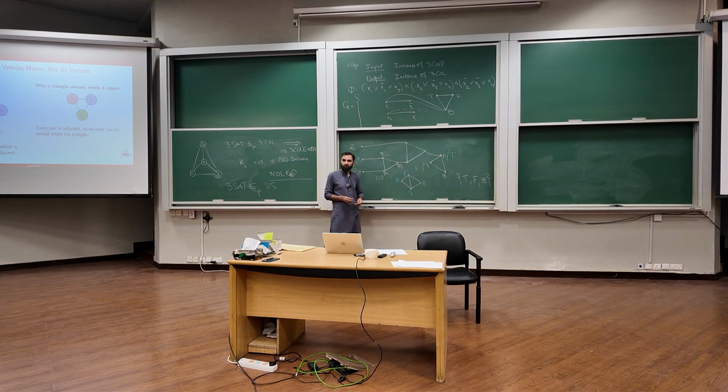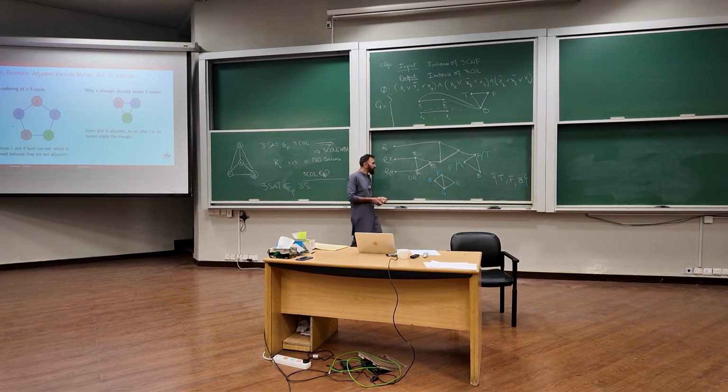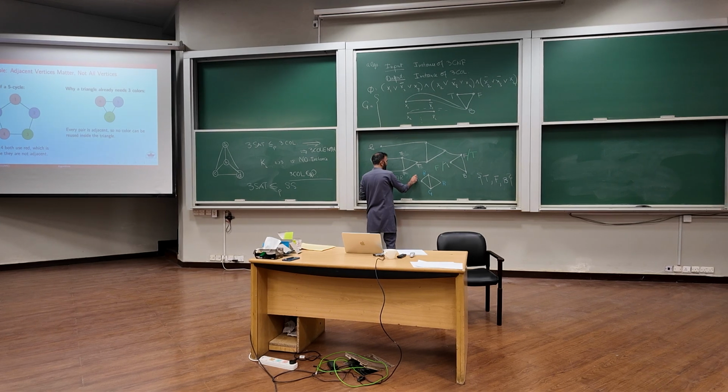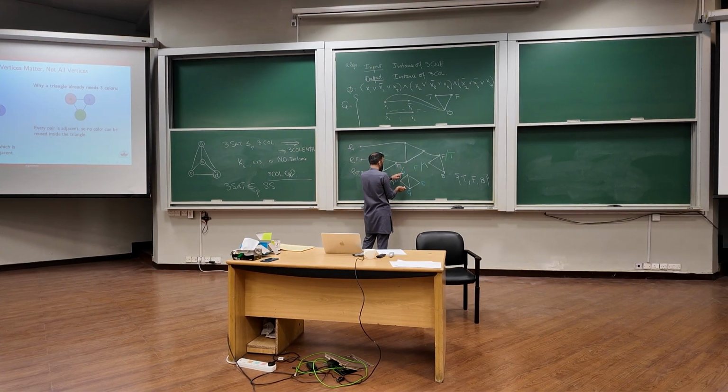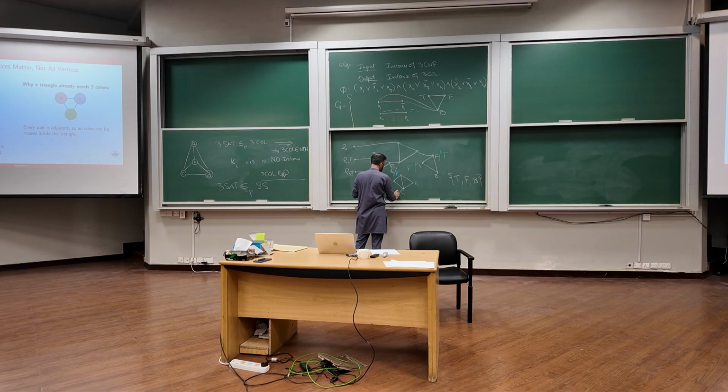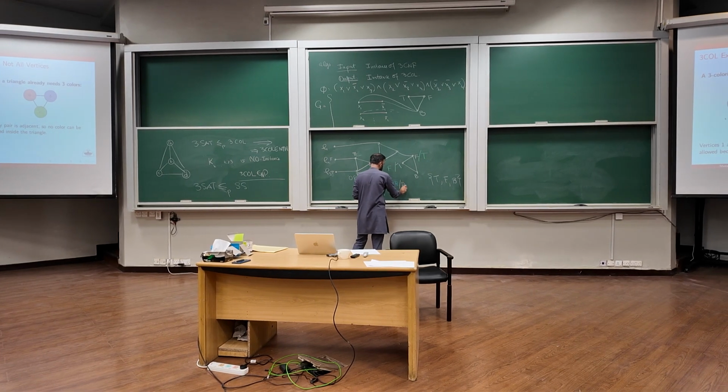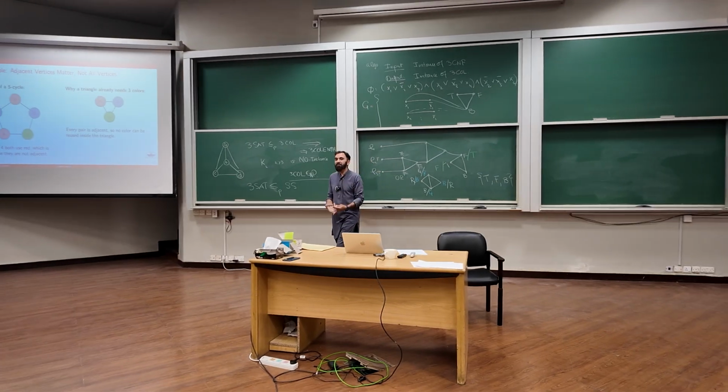The actual colors don't matter, right? I could name blue as red, and then I have to change the name of red to what? Blue or green maybe, I don't know. And green to blue, and then blue to red. Okay? So the names of the colors are interchangeable.